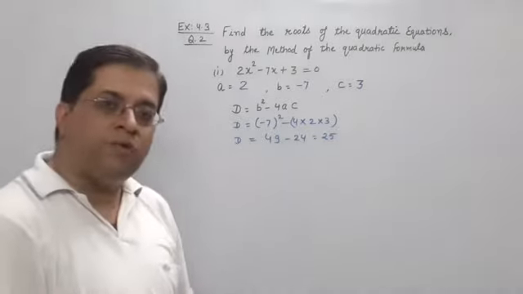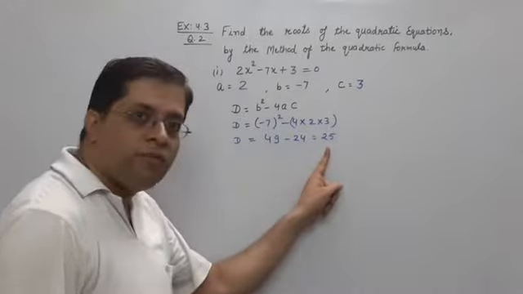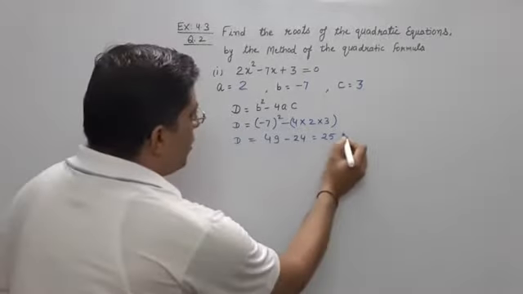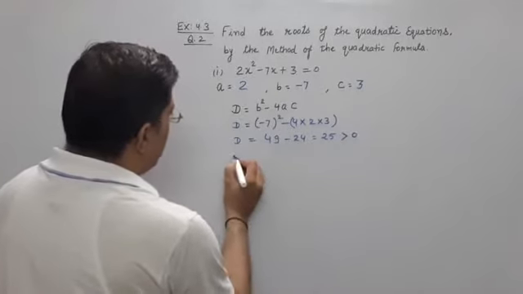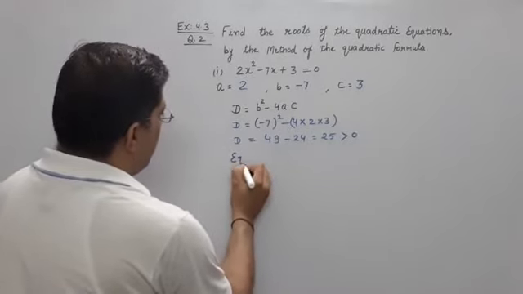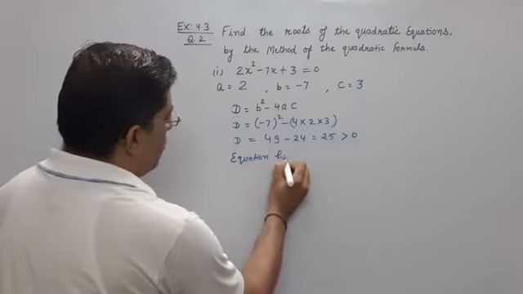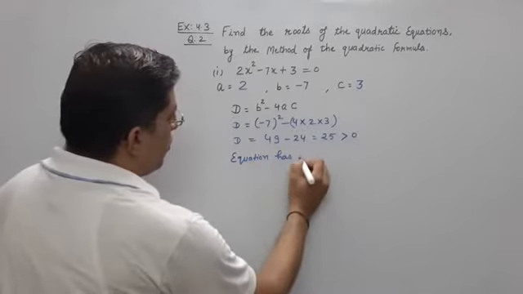D is coming 25. D is equal to 25. What is the meaning? It is greater than 0. It means the equation has real roots.